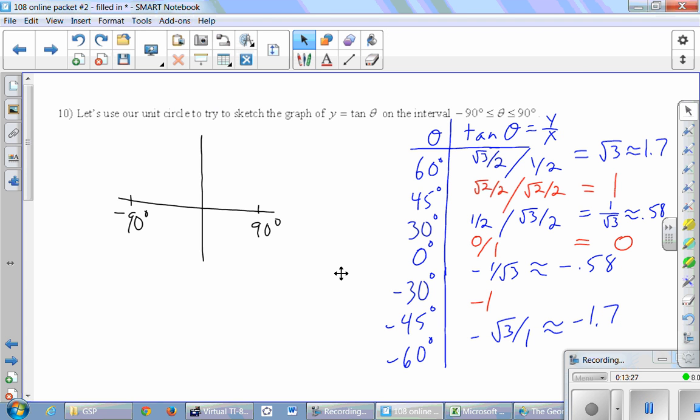Okay, so hopefully we discovered that it's the same exact numbers as up above, but they're all negative.